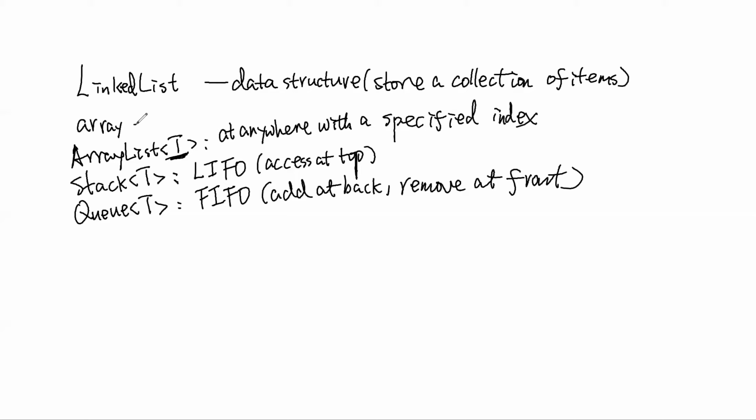The same for array, index position. So it's quick access anywhere. It's not like stack and queue, where it's not that easy: you need to remove a certain number of items so that you can access something. But array list is anywhere, because it's indexed. Okay, that's array list.